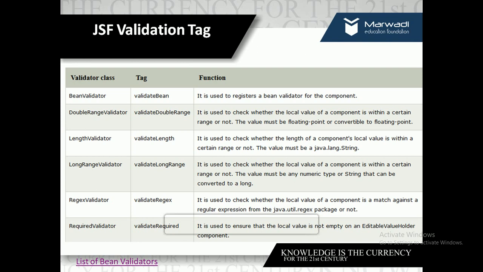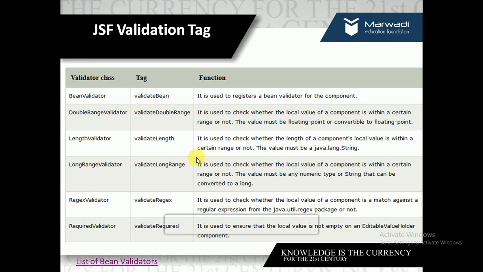So that's validate double range with floating point. The way you have the double range, you have validate long range. Here the double range works with floating point numbers, whereas validate long range works with numeric types. So we can use it.